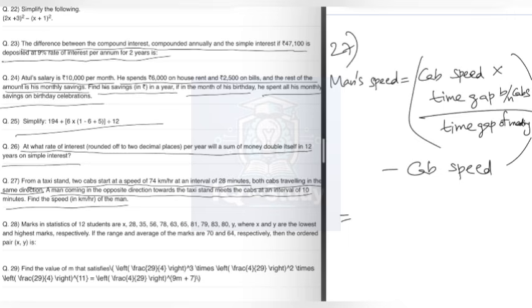That is equal to, here the common factor is cab speed, which is 74, into time between cabs, which is 28 minutes, divided by the time gap of meeting, 10 minutes, minus 1.